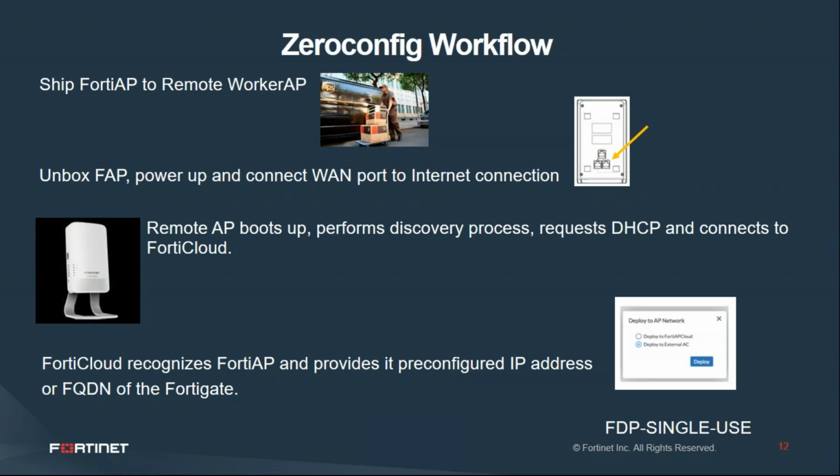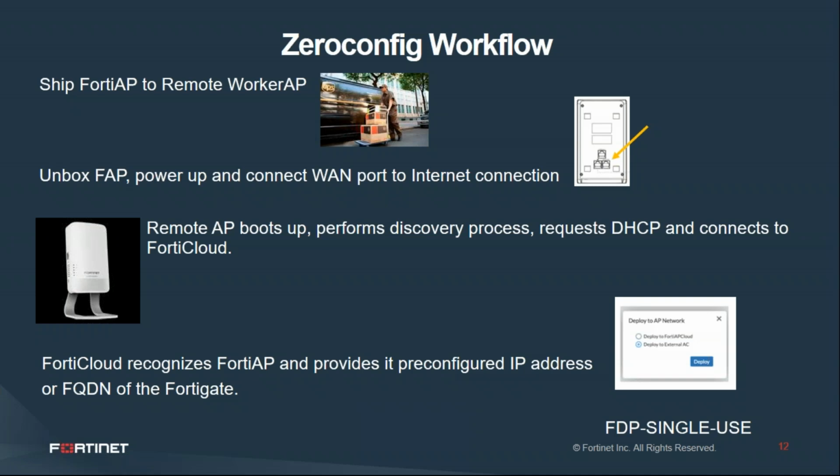If it doesn't detect a local FortiGate, which a remote access point is not going to, it sends out a DHCP request to get an IP address from your network. That DHCP offer could also include an IP address of a FortiGate.